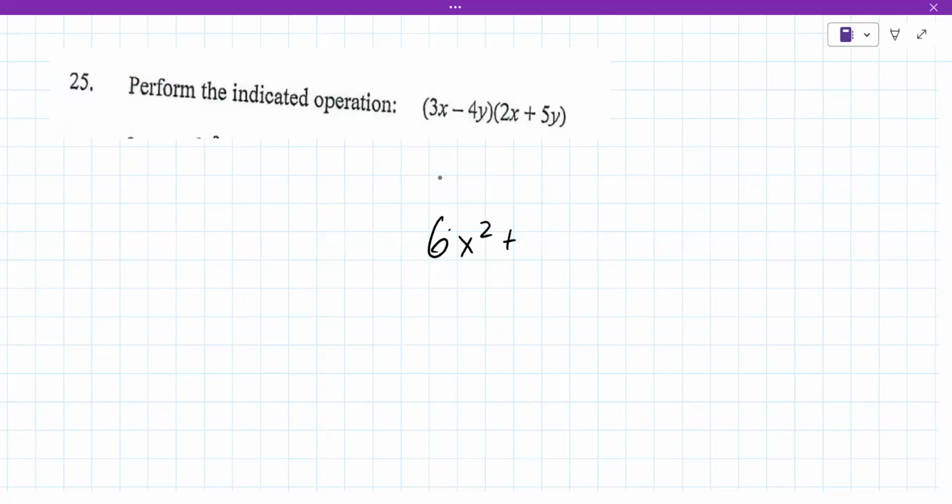Would it be 6x squared plus 5xy minus 20y?